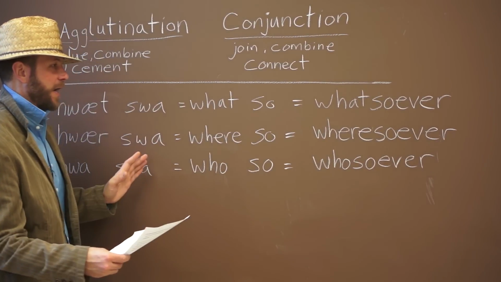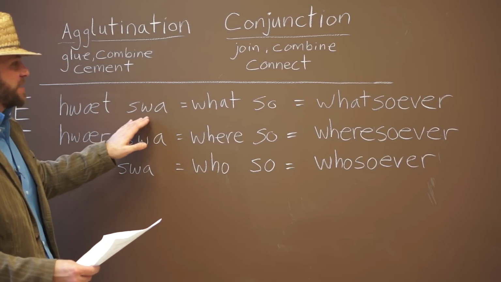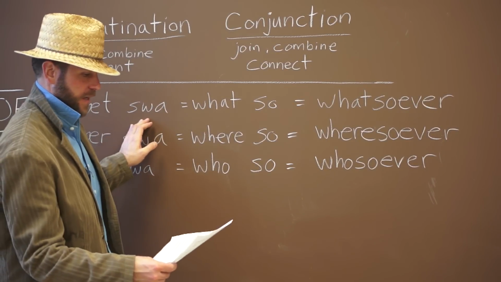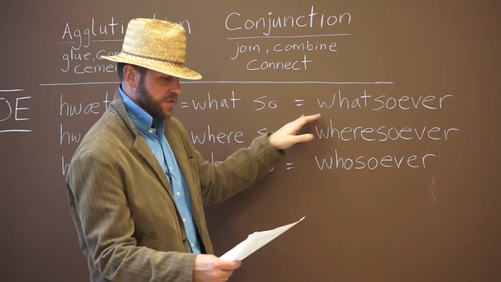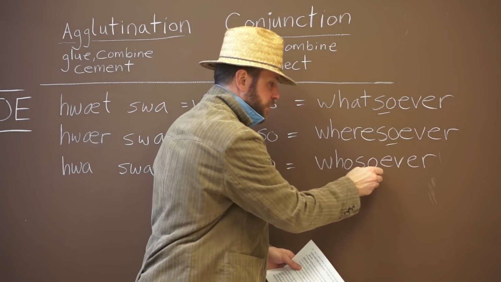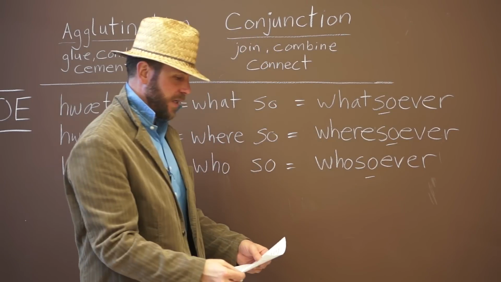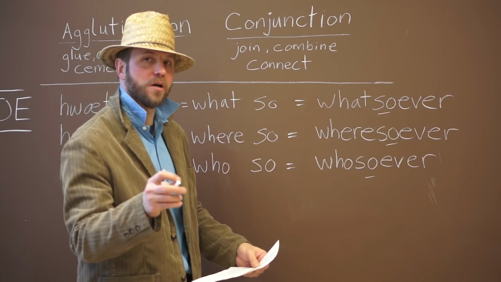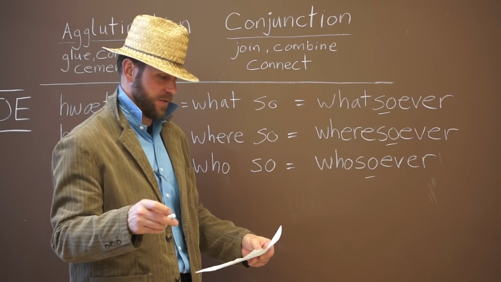And now look what we have here. They began as separate words and became agglutinations using so. And therefore, they were agglutinations made using the word evolved from the Schwa sound.